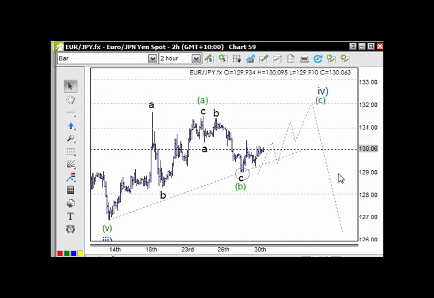It's just something that I want to put on the table so it's not a shock if it happens, and we know where we are with it at that stage. But either count, either the A, the B, or the C, or the 1 and the 2 and the 3, either way, we should still be looking at this move up through here.